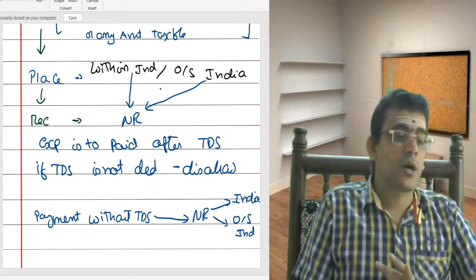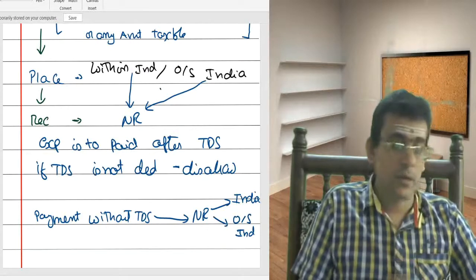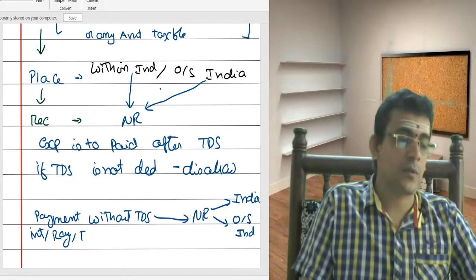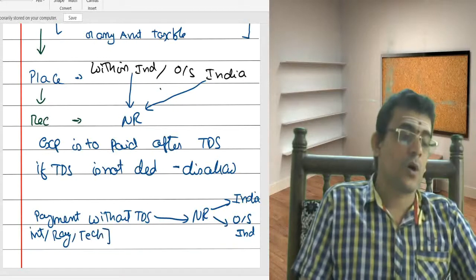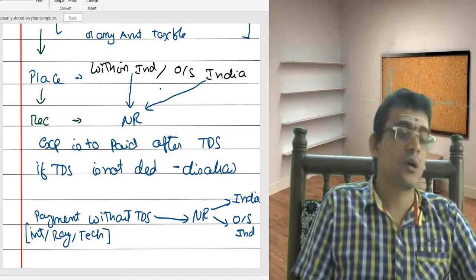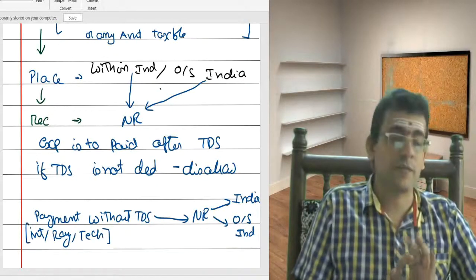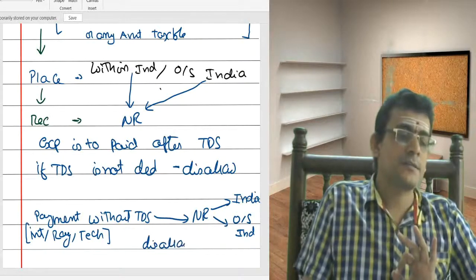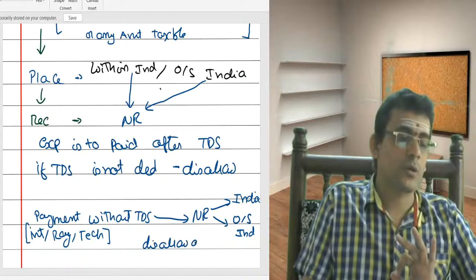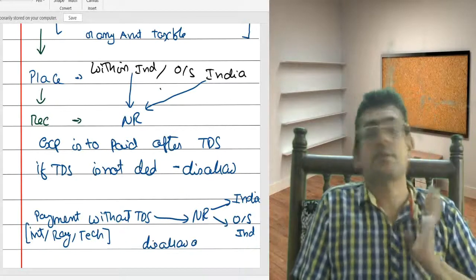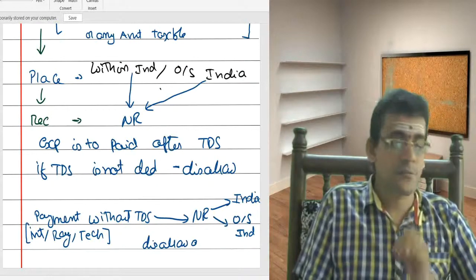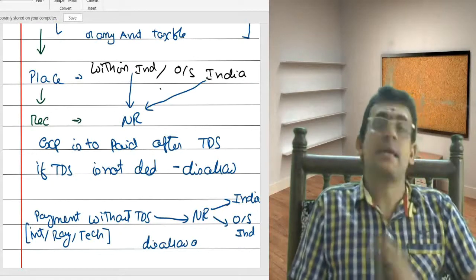But as you are doing the payment, whether it is interest, royalty, technical fees or whatever it is, as you are doing it without deduction of TDS, the Act says simply disallow. So I am going to disallow that expense. I am not going to take that expense as a deduction. That is what 40A is speaking about.